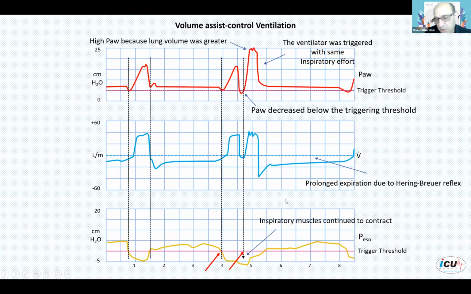This means you're going to have dynamic hyperinflation syndrome. So this reflex will inhibit any further negative inspiratory efforts by the patient, and will allow for a prolonged expiratory time where we can exhale everything that was in the chest as a result of these two breaths that were triggered twice.